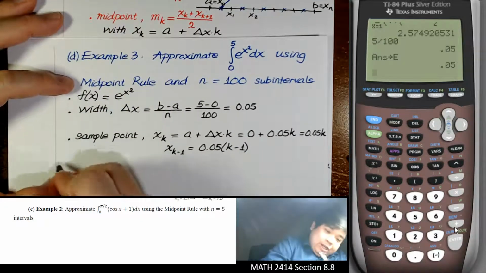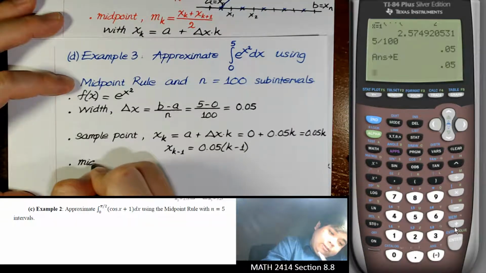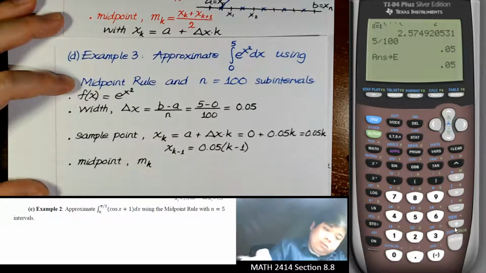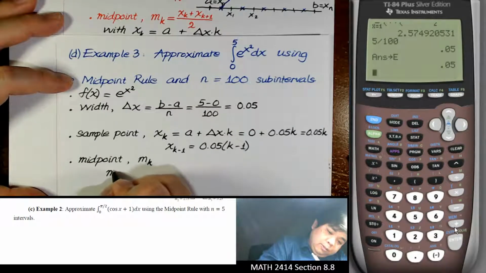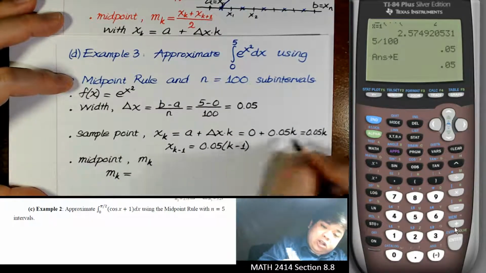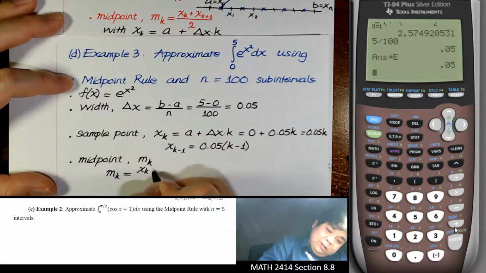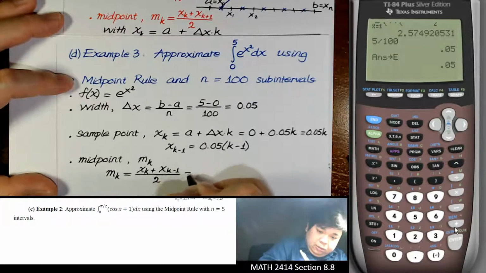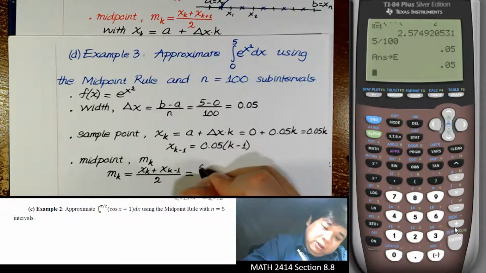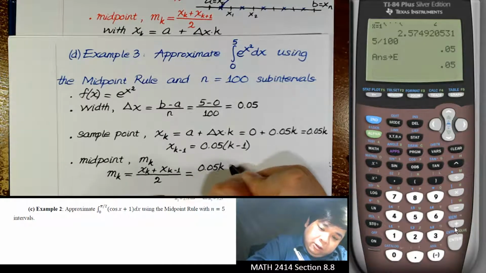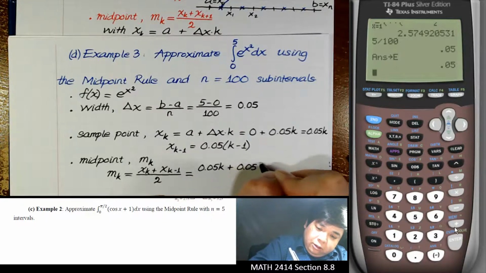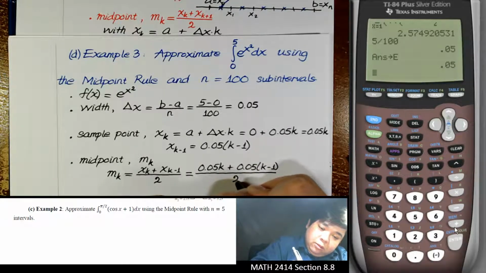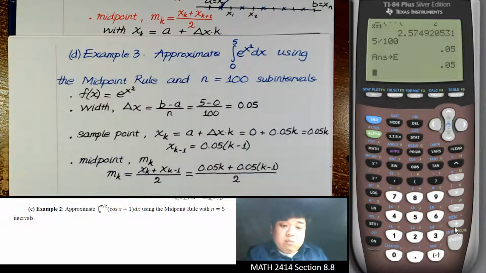Then we can calculate the midpoint, the midpoint is the average of these two. We can leave it like that, or we actually can just multiply it out.